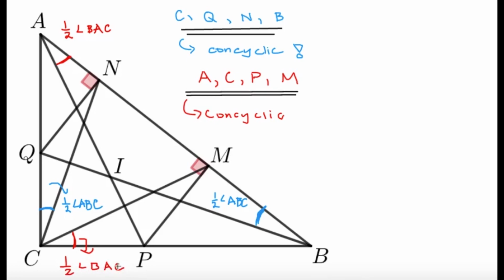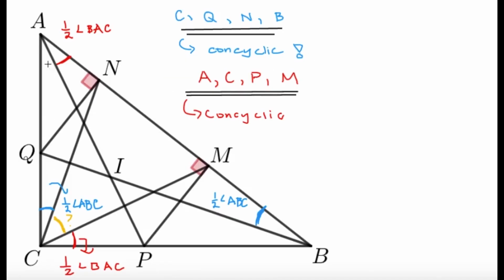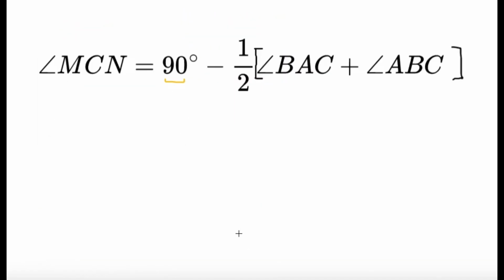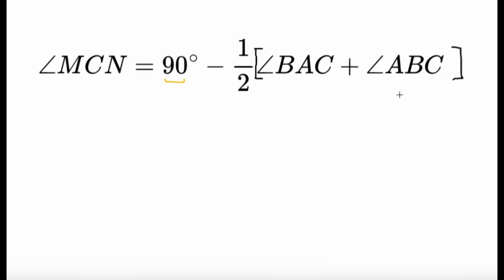So if I want to get the angle in the middle, angle MCN, all I have to do is the following. Take 90 degrees, because the entire angle ACB is given to be 90, minus the two angles over here: minus 1/2 angle ABC and 1/2 angle BAC. We can factor out the 1/2 and get this. Now what's nice about this?